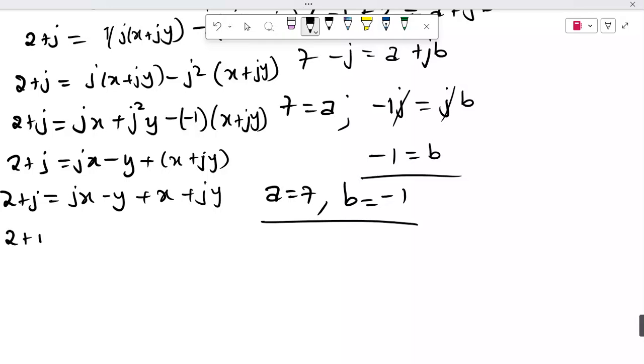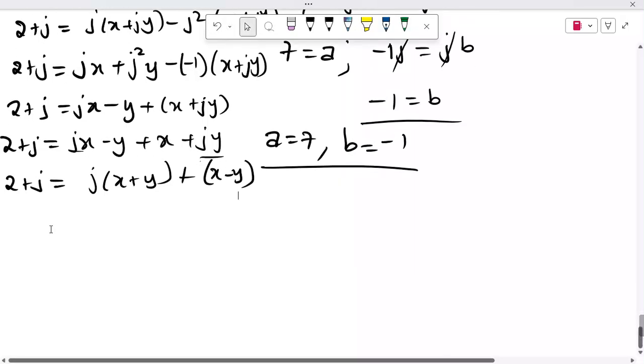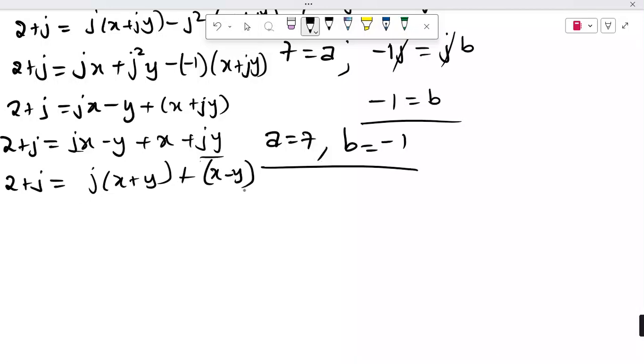So you have 2 plus j equals the imaginary part, with the j, we have j times (x plus y), this term and this term, plus the real part, x minus y.